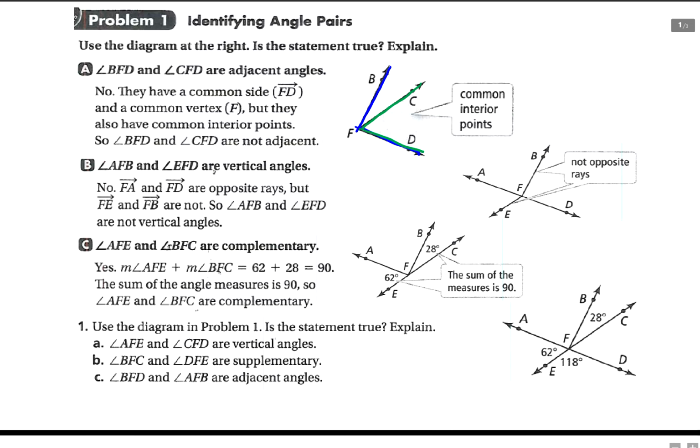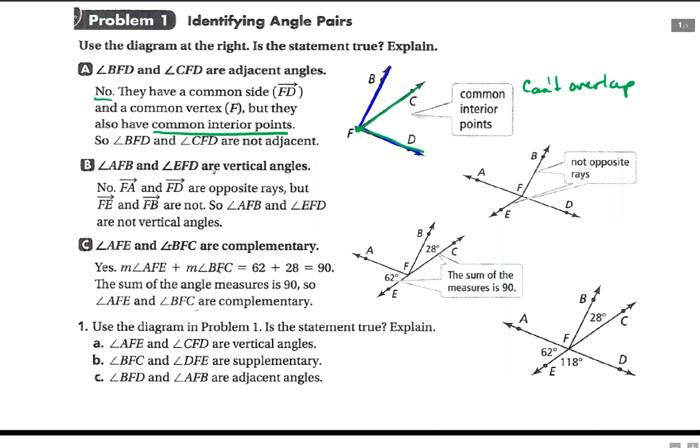Now, are they adjacent? No. They have a common side, ray FD there, and a common vertex F, but they have common interior points, so they are not adjacent. Remember, they can't overlap.